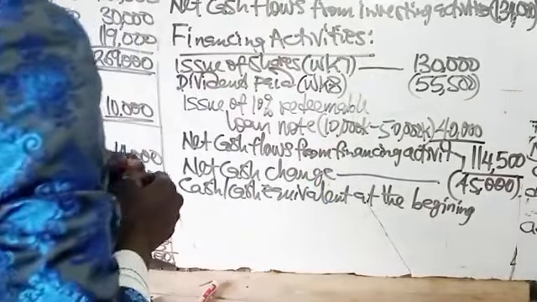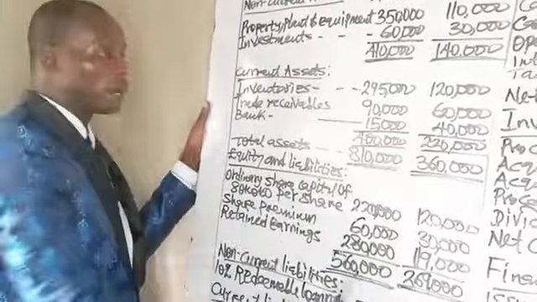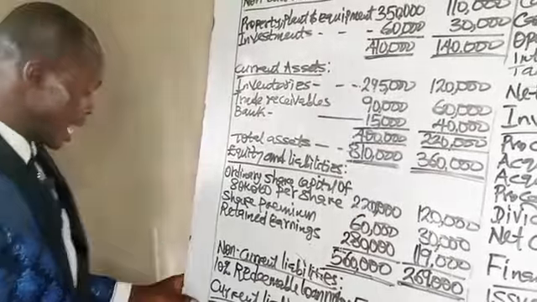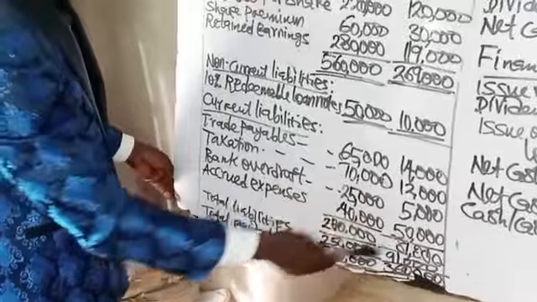Now, if you go through the current assets, you have the bank of 40 million in the opening balance. Then, under the current liability, you equally have a bank overdraft of 5 million.